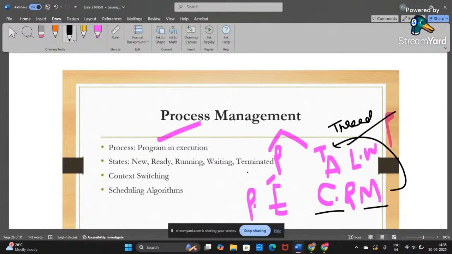We know what a process is: a program in execution. This process has its own address space: code, data, and stack.